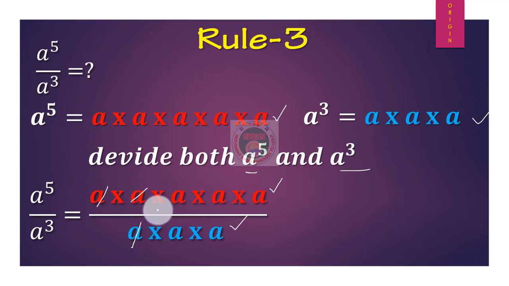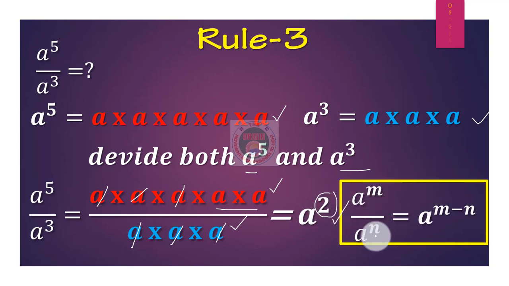A gets cancelled, another a gets cancelled, and another a gets cancelled. How many remain? The result is 2 a's multiplied, that is a square. If you observe that this is 5 and this is 3, if you subtract these two, you get this result. That is why the other rule is a power m by a power n equals a power m minus n. You should subtract the powers.